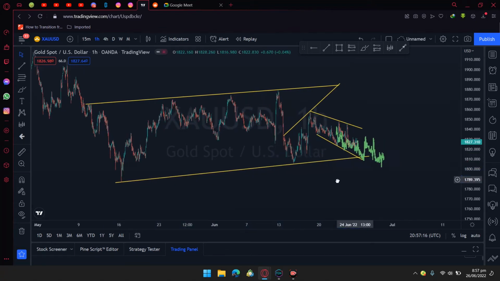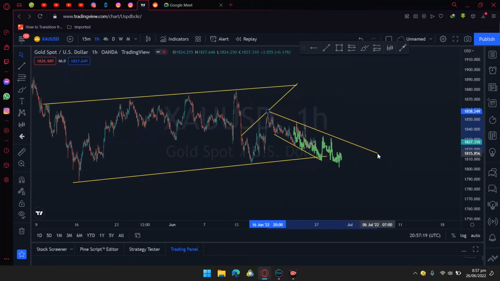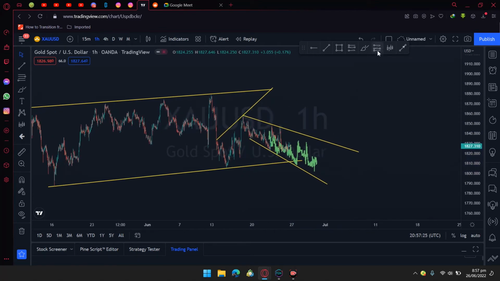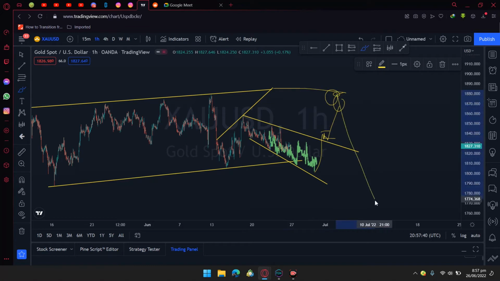We can just readjust our trend line here, extend everything, and draw our trend line very nicely. Then we'll wait for confirmation, wait for a push up, a corrective phase on this trend line here, then we'll get our entry and look for a short-term buy to this level before we get that confirmation to move to the downside.